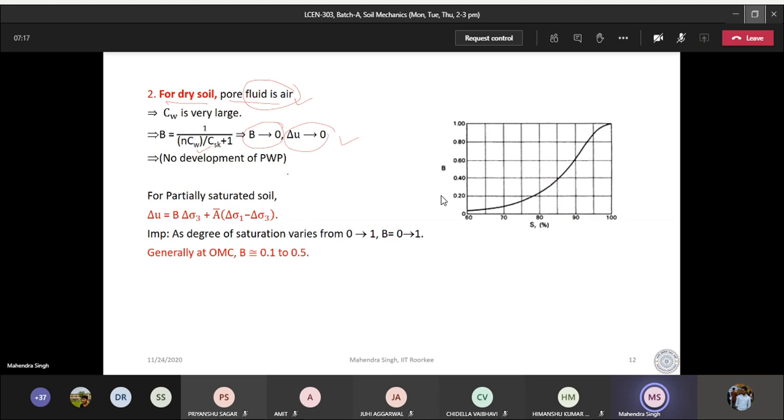So there will be no development of pore water pressure in case it is air.